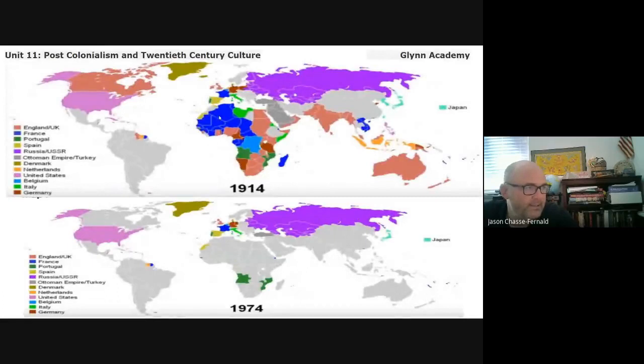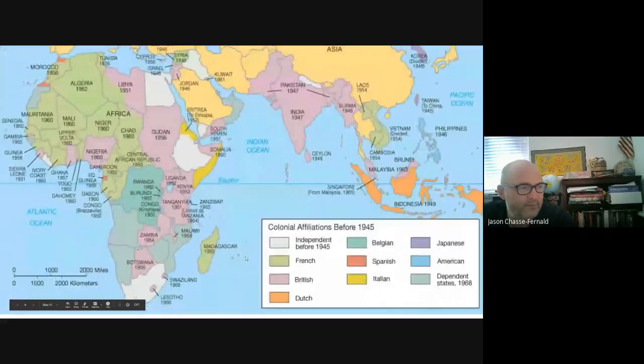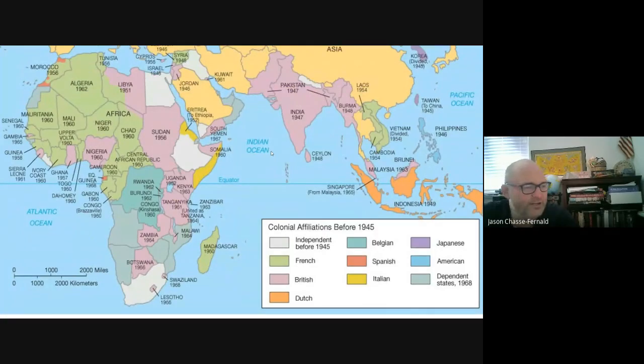All right. So just another visual here, now that we've talked about this. Europe before, European imperialism after 1974. When you look at this, you see all the new countries that are created, the colonial affiliations, and then the dates on which they get their independence.